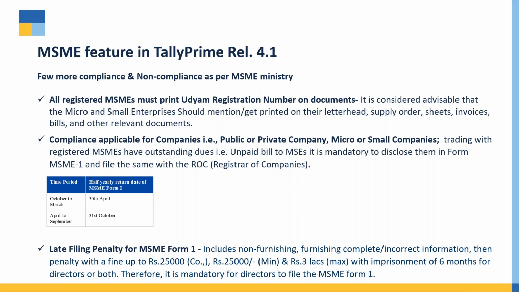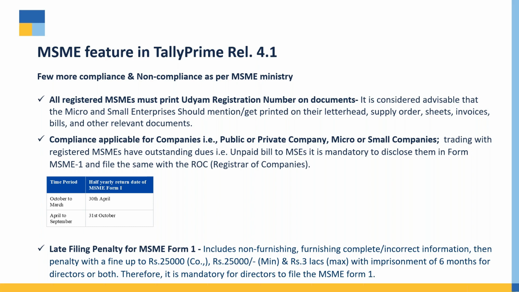We'll see how we can do it from Tally and so on. It is a half yearly return, October to March, and is due to be filed by 30th April. And there is strict non-compliance action in case they do not adhere to filing this form MSME 1 in case of delayed payments or unpaid bills, and do not disclose them.